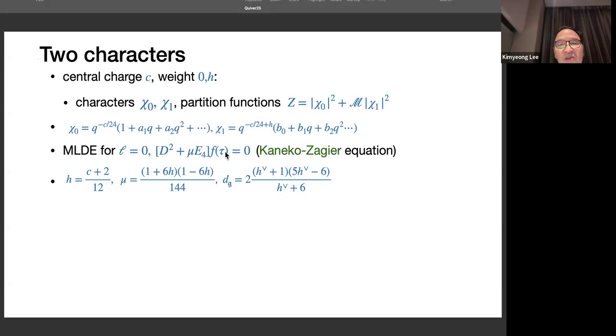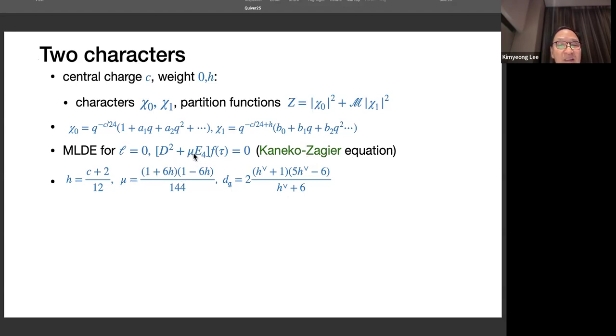So the differential equation becomes very simple with one unknown parameter, and it's called the Kaneko-Zagier equation, which was used in the 90s, about 10 years later than the physicists.